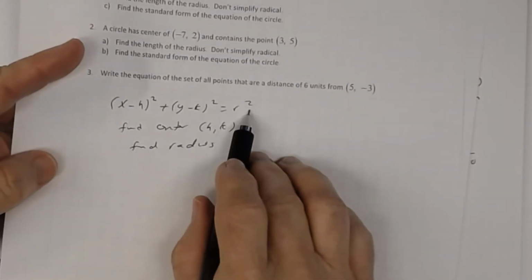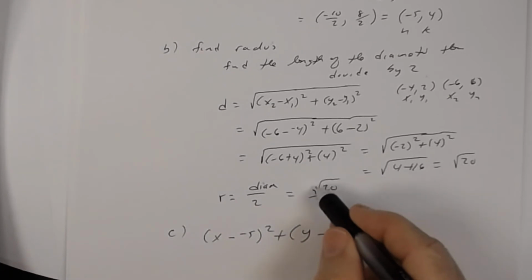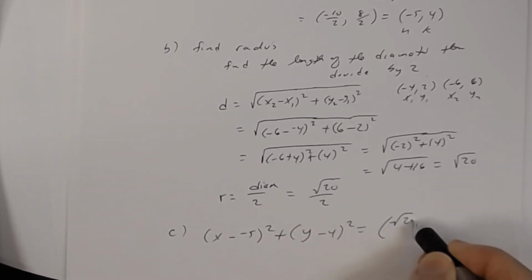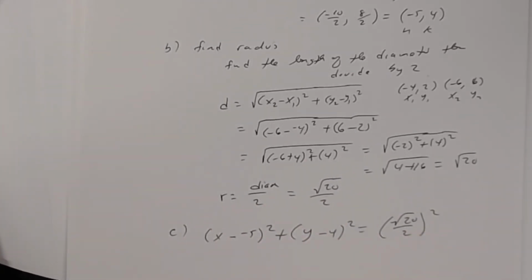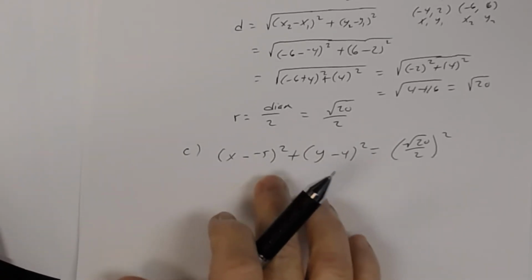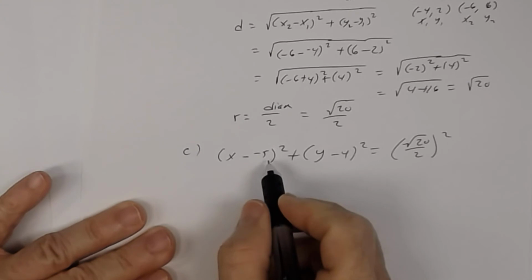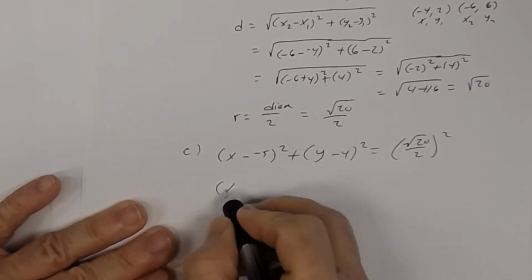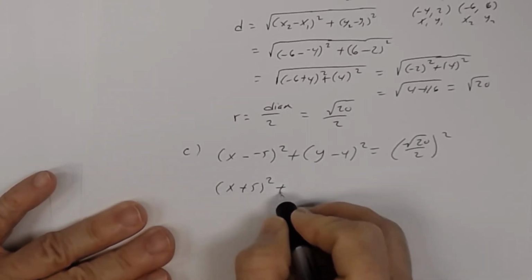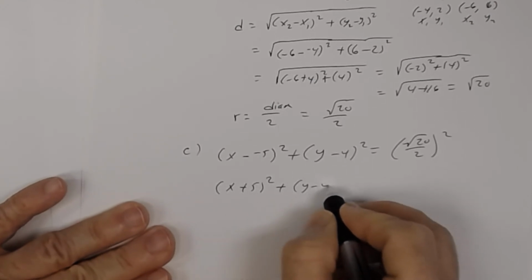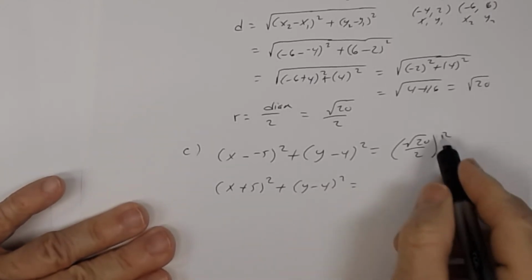Remember, you're squaring the radius. So the radius is the square root of 20 divided by 2, squared. Now don't leave the answer like this. You've got to simplify this. So we know that x minus a negative 5 is the same thing as x plus 5 squared, and then we have y minus 4 squared equals, now we've got to figure out what this is.